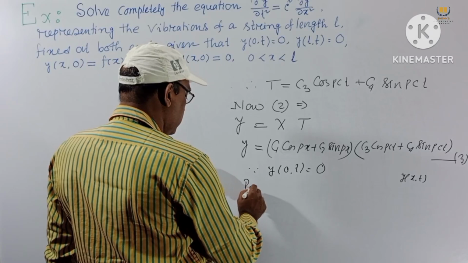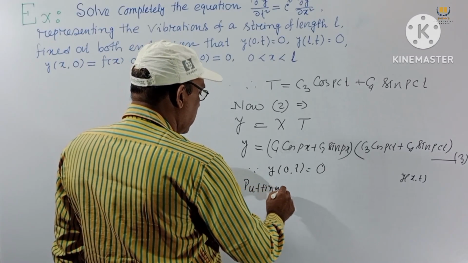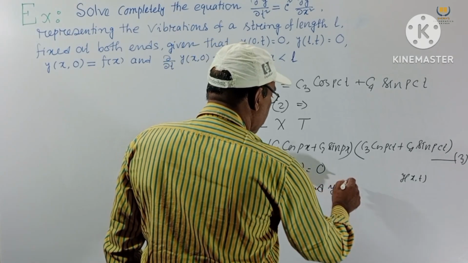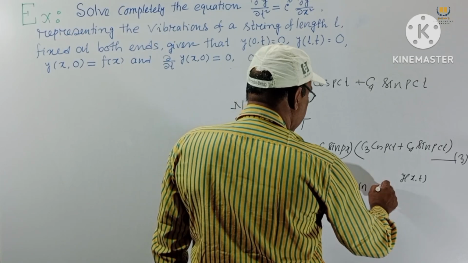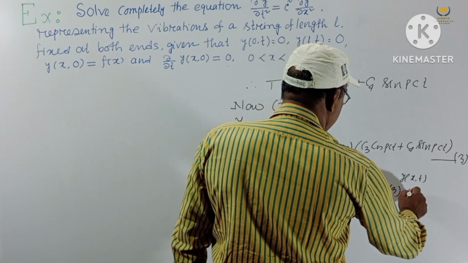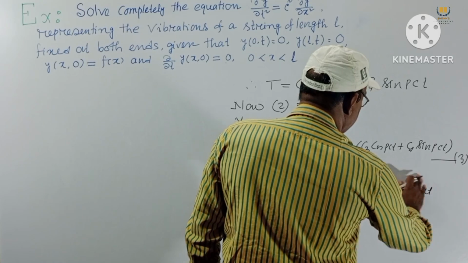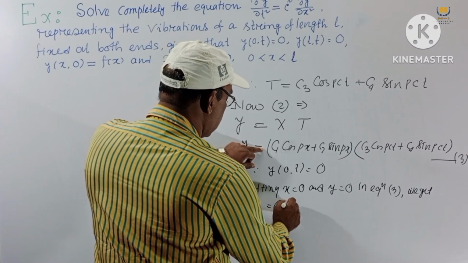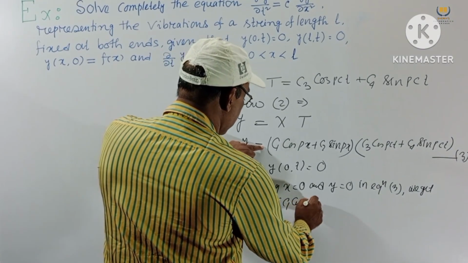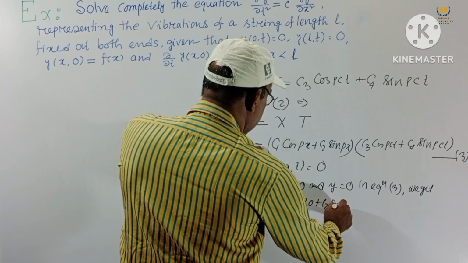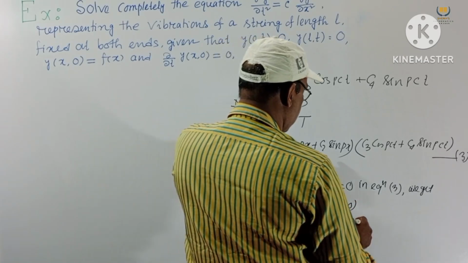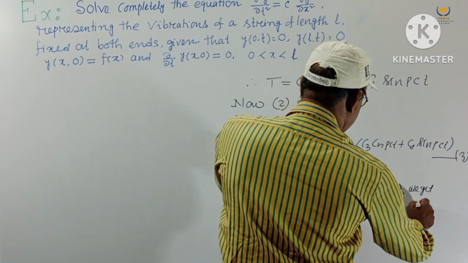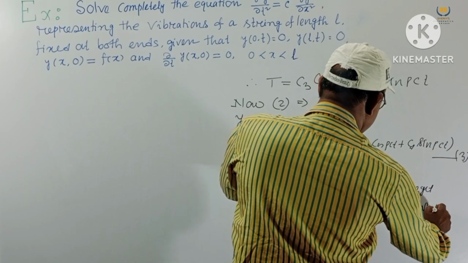So putting x equal to 0 and y equal to 0 in equation 3, we get y equal to 0, and x also 0, c1 cos p into 0, c2 sin p into 0, c3 cos pct plus c4 sin pct.